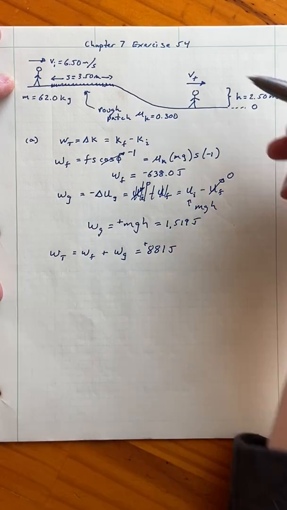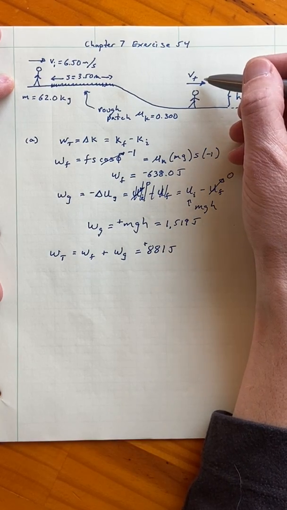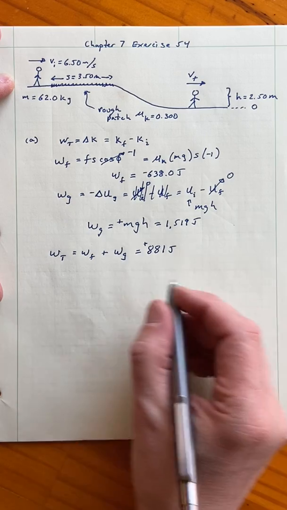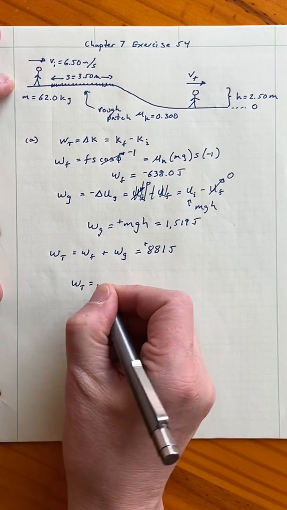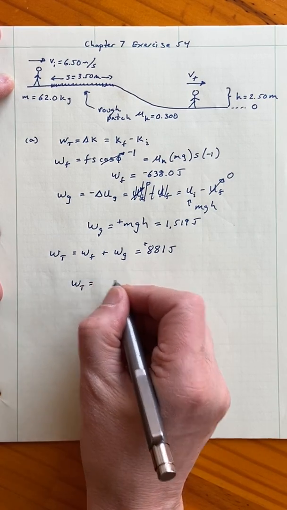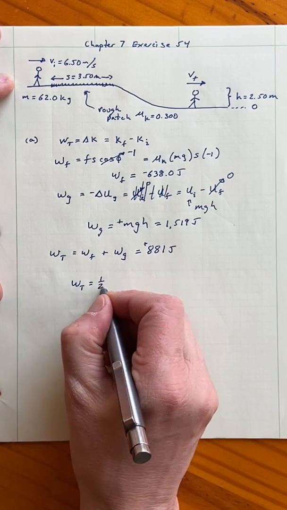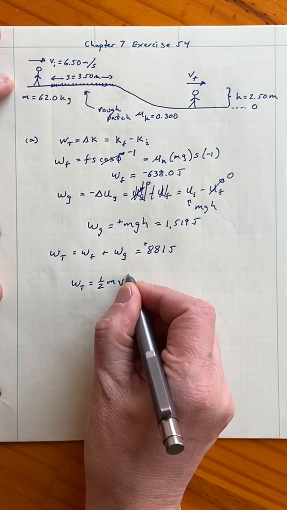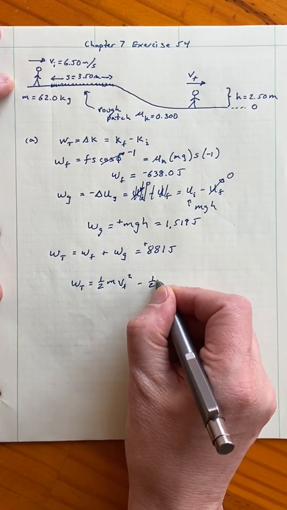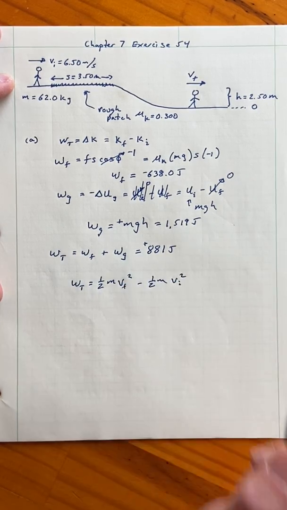So now how do you answer the question about how fast the skier is going at the bottom of the hill? Well, the total work has got to be equal to the change in kinetic energy, final minus initial, so 1/2 m v final squared minus 1/2 m v initial squared. And you got numbers for all of these things.